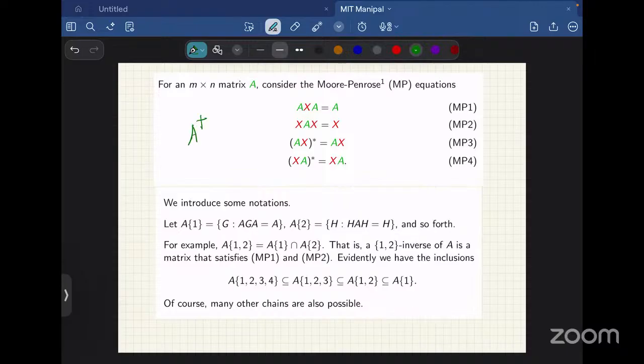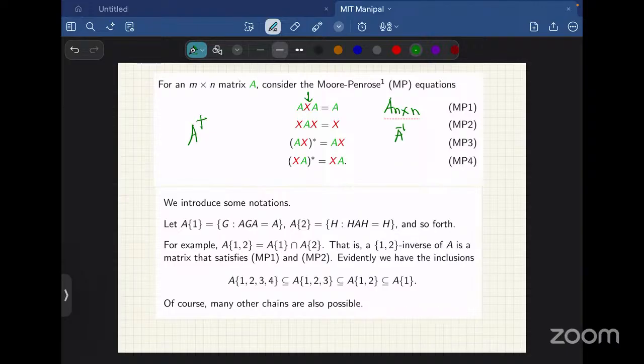This is a generalized notion of the inverse of a square matrix. If A is a square matrix and a general inverse exists, then all four equations are satisfied. We can say that for any rectangular matrix, such an X always exists, which is unique and which will satisfy all four equations.